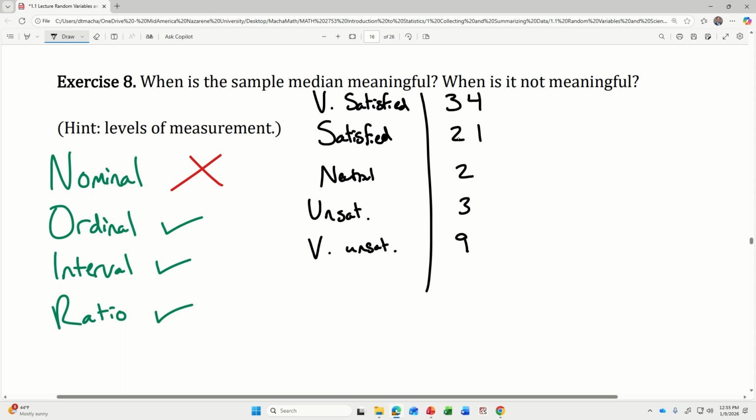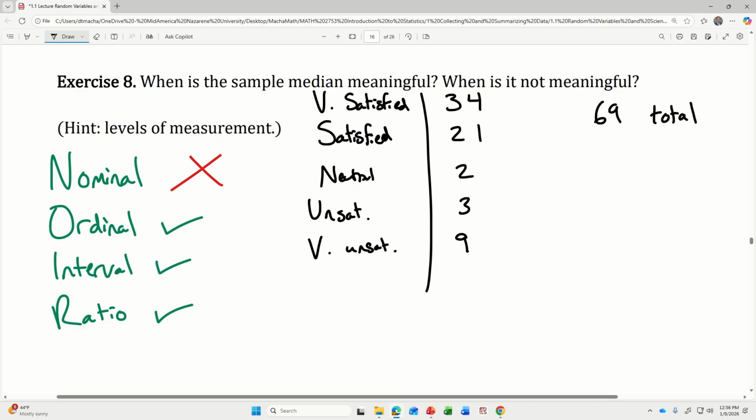The way I would go about finding my median is like this. I'm going to add up and find out how many people total answered my survey. In total, 69 people answered this survey. So that's an odd number. What would be the middle responder out of 69, right?